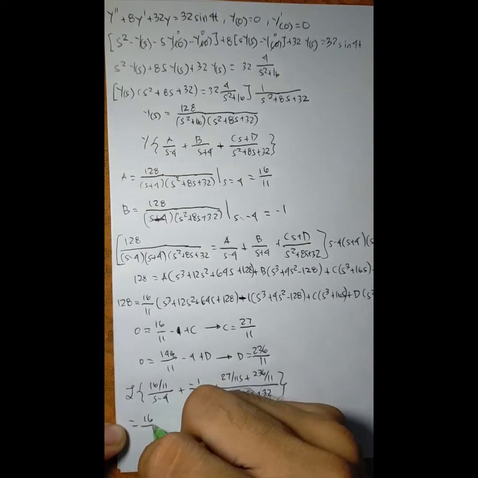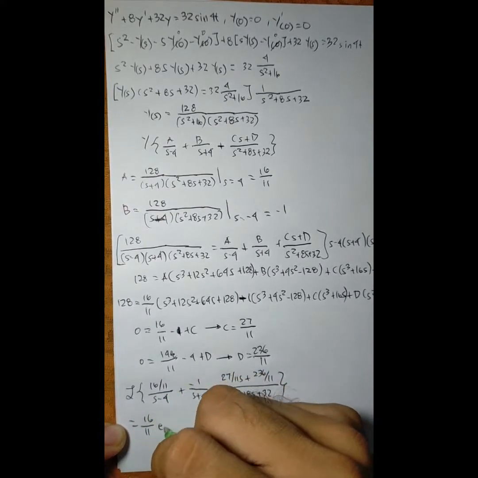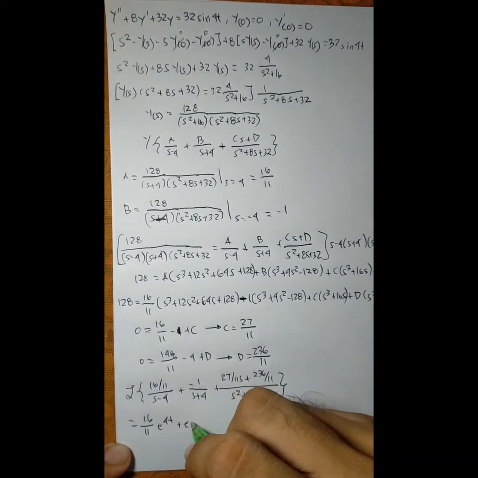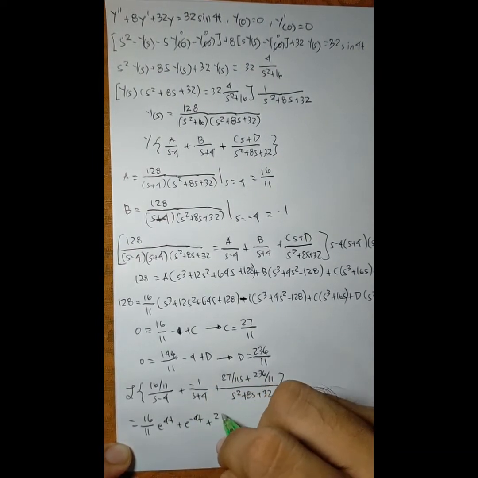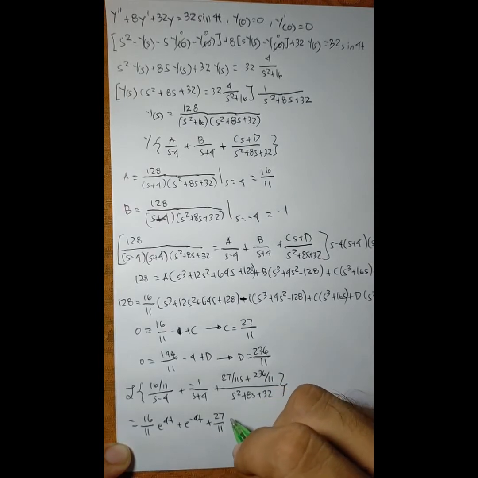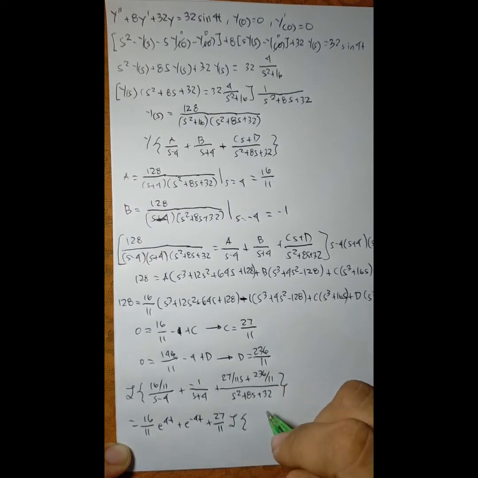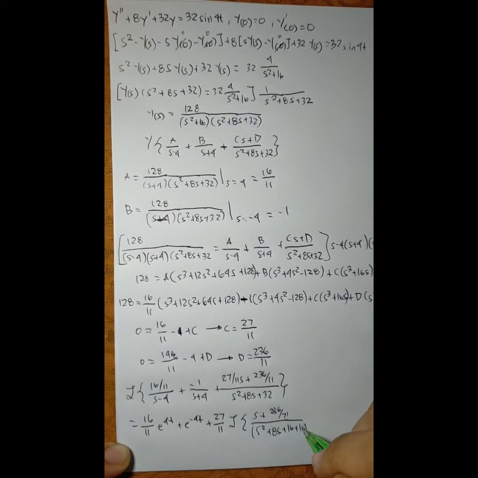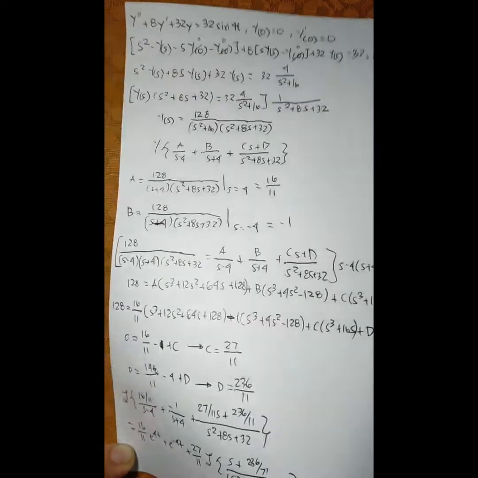We have 16 over 11 e raised to 4t plus e raised to negative 4t plus 27 over 11 Laplace inverse of s plus 236 over s squared plus 8s plus 16 plus 16.